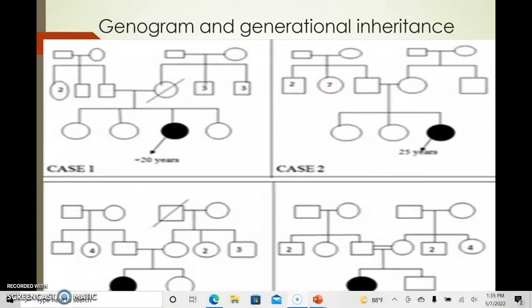Okay, the next slide I'm going to talk about is the genogram and generational inheritance. The genogram obtained from Motte shows 4 cases where female patients aged 20, 25, 12, and 15 had Turner syndrome. The third generation is affected in all cases, and only females have the condition.